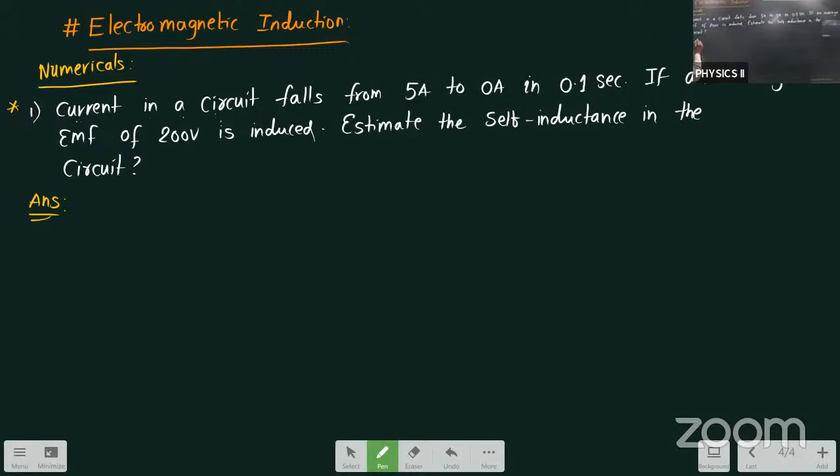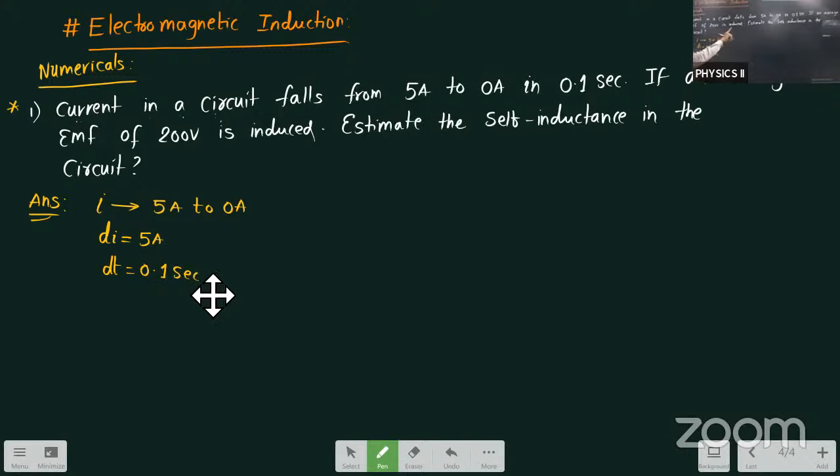So what are the things given here? Current is changing from 5 amperes to 0 amperes. So I can write change in current dI as 5 amperes, because 5 minus 0 is 5. In how much time? dt is equal to 0.1 seconds.